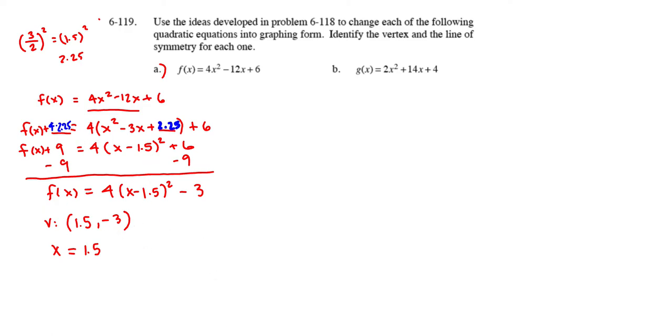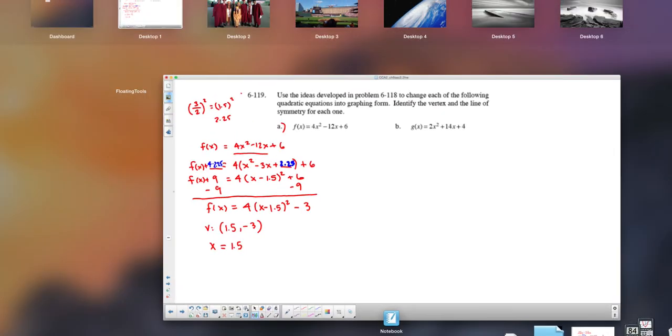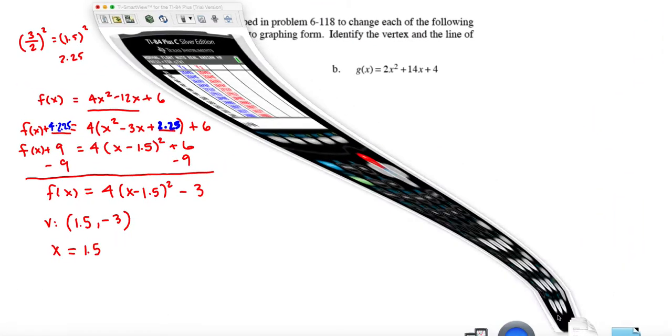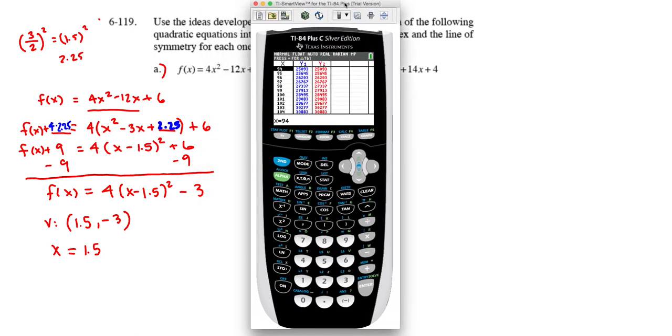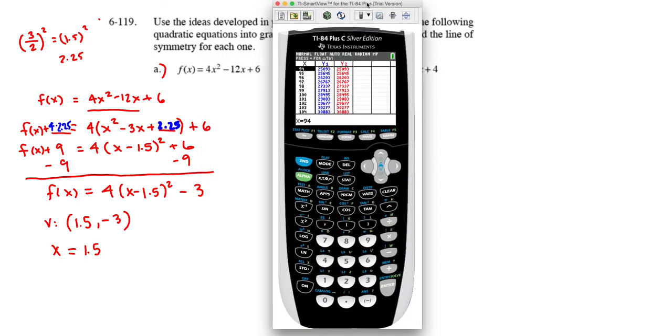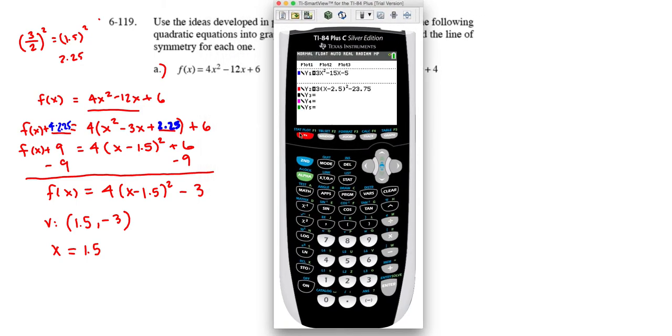If we want to check it here, we can pull out our graphing calculator. And we're still on the same stuff from the last problem there. Let's go in and graph our original. We have 4x squared minus 12x. Actually, let's just clear it there.